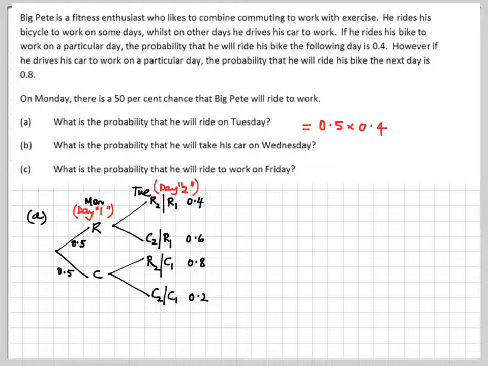The first one is a compound event of 0.5 and 0.4. And the second one is a compound event of 0.5 and 0.8. So that's easy to work out now. We've got a half of 0.4 is 0.2, and a half of 0.8 is 0.4, which gives us a total probability of 0.6. Great! Okay, nice little tree diagram exercise.